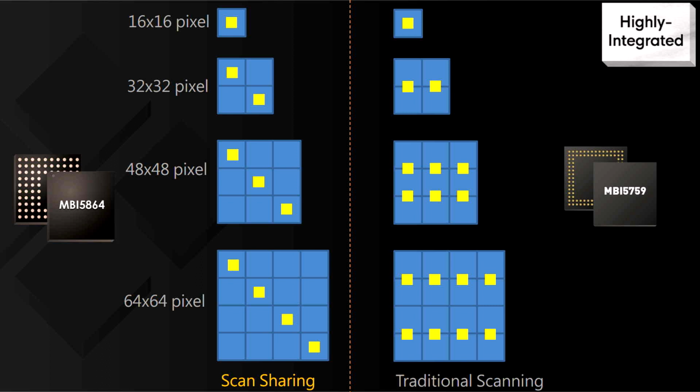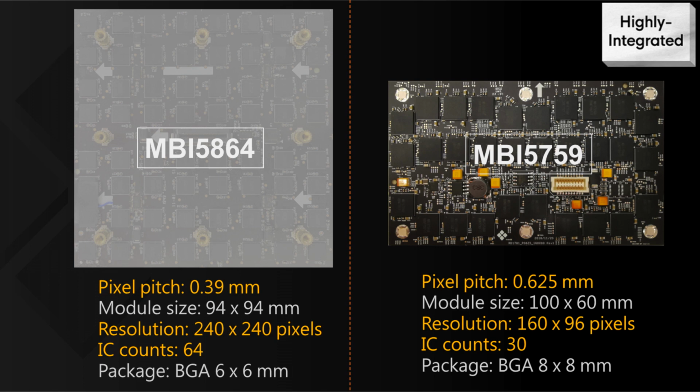We can see some implementation in the real PCB. Like you see at your right-hand side, that is a real board designed with MBI5759. And at your left-hand side is a board designed with MBI5864. If you look at these two boards, there is no big difference in board size. However, please look at the pixel pitch.